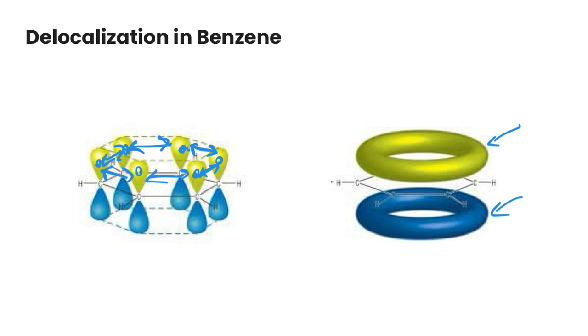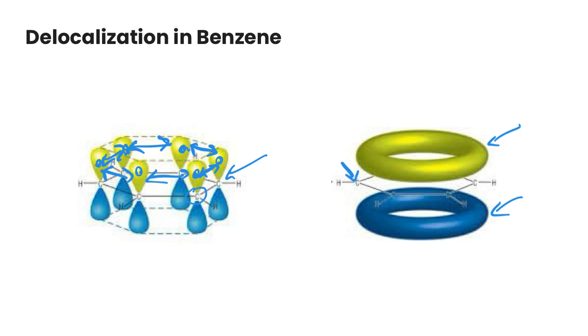So the carbon part of the molecule, because each carbon has 3 bonding elements and no non-bonding elements, would form a trigonal planar shape. So the ring itself is planar, and then we have this electron density above and below the plane of the ring. And the electrons in this ring are delocalized.